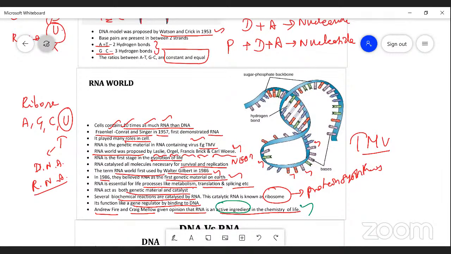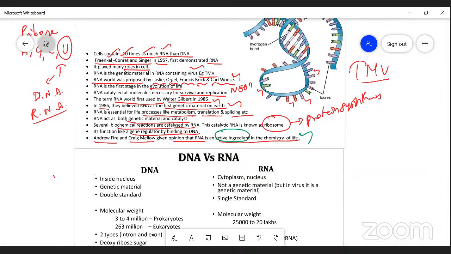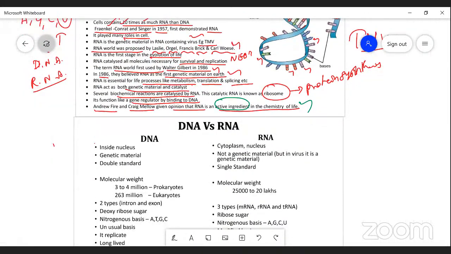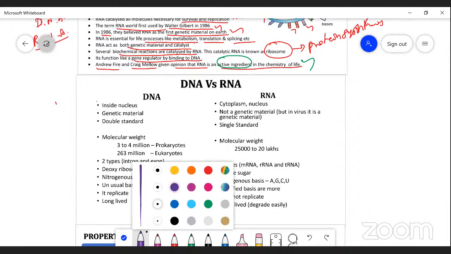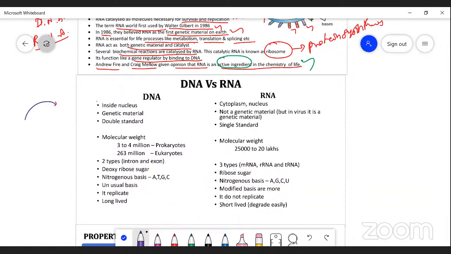DNA versus RNA. The first point: the DNA is present inside the nucleus. Inside the nucleus is the nucleic acid that contains the DNA.